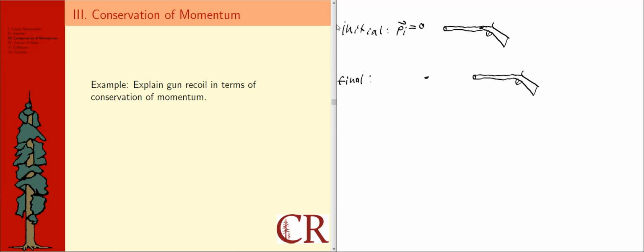But maybe if I think about this like representing the brief moment right when the bullet is fired, because it really goes pretty fast, right? So this would only be a brief second after I pulled the trigger. And maybe I've exaggerated how much this gun has moved backwards. But the way I'm going to model this to explain why the final momentum might sensibly be equal to 0 is I say, okay, the bullet is traveling really fast.